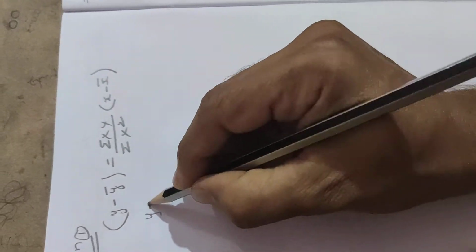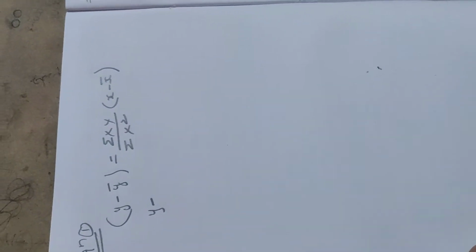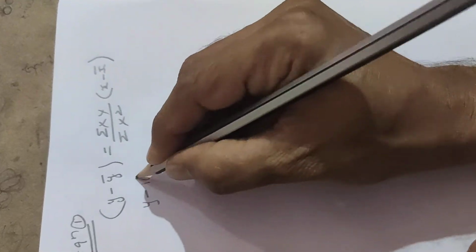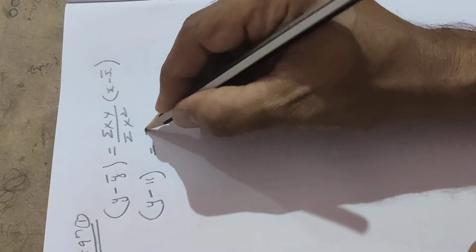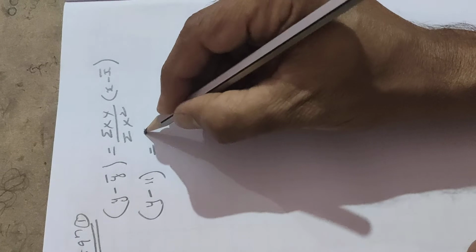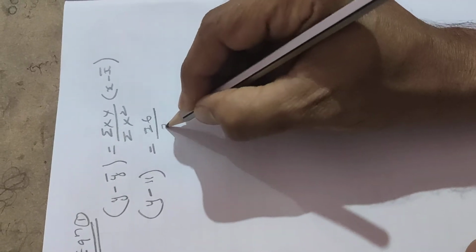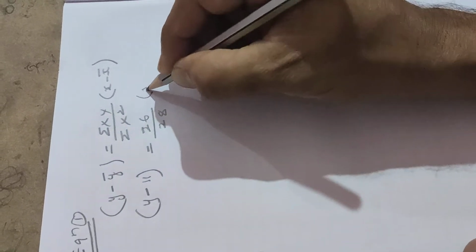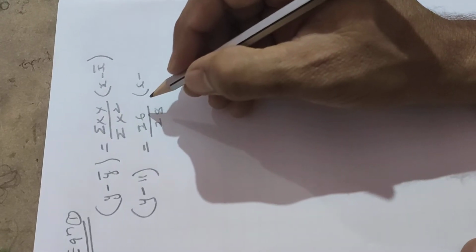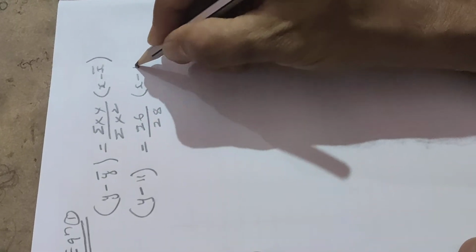So y bar already I know, that is 11. Sum of xy also I know, that is 26. Sum of x square is 28. X bar value is 4.